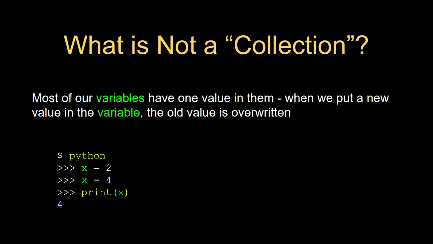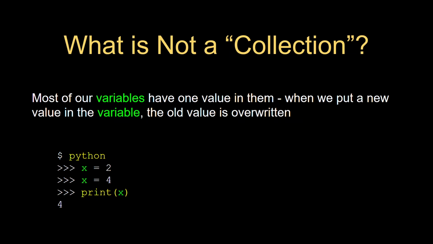If we compare list and variable, you'll notice that a variable can hold just one value. For example, when we store the value 2 in variable x, that's the value x holds. But as soon as we change the value of x to 4, the previous value 2 gets lost. It's overwritten and the previous value is not there anymore.